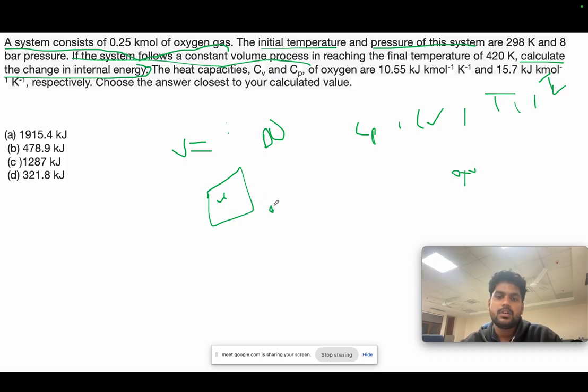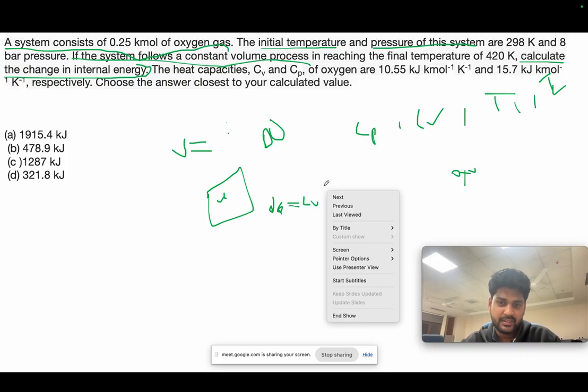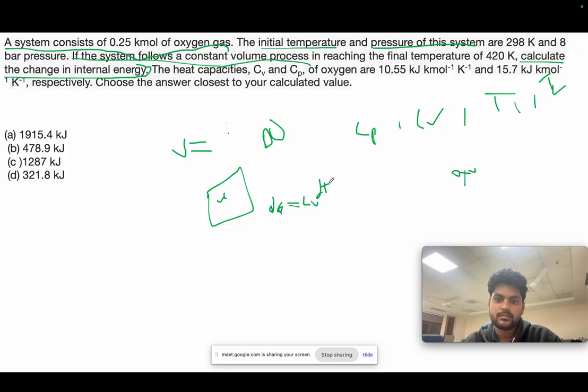You know that dQ equal to Cv dT. As you already know that dU equal to Q plus W. Here W will be 0 because constant volume, so it will be only Q. So Q will be Cv delta T. This is for the 1 kilomole.